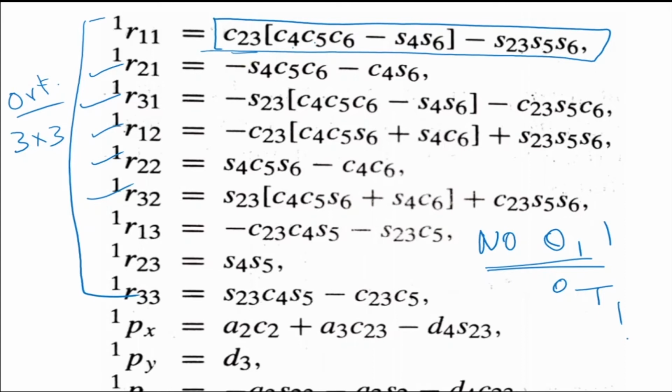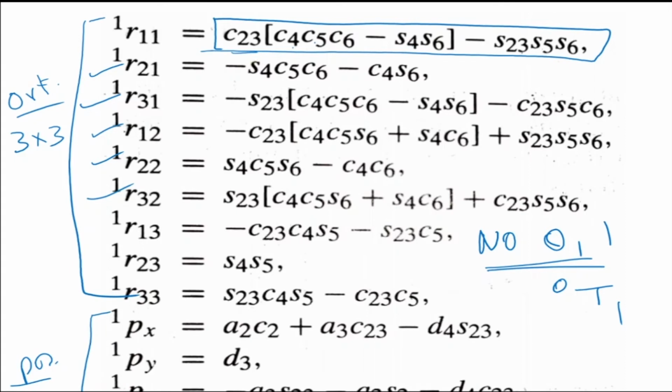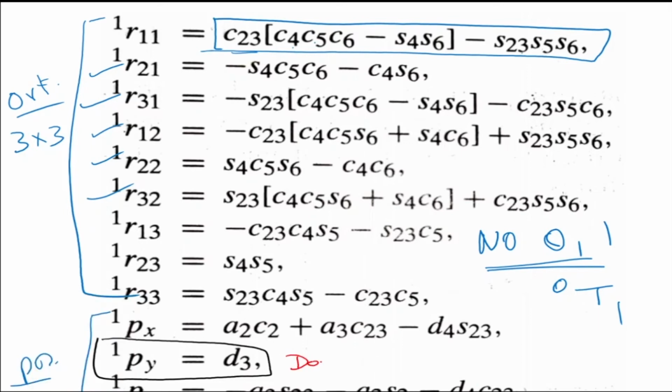Now if you look at the position part, this is my position part, you see something very interesting here. This is Pz. What you see very interesting here is that for a particular Py, this term does not have any thetas. Let me write it in red color, as we need to remember this.